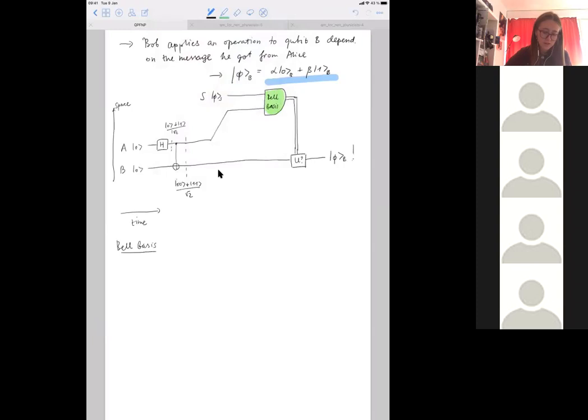It's 4 states, which are 0, 0 plus 1, 1 over square root of 2, 0, 0 minus 1, 1 over square root of 2, 0, 1 plus 1, 0 over square root of 2, and finally 0, 1 minus 1, 0 over square root of 2.